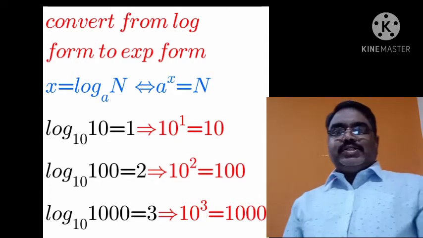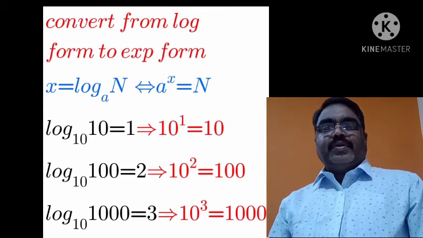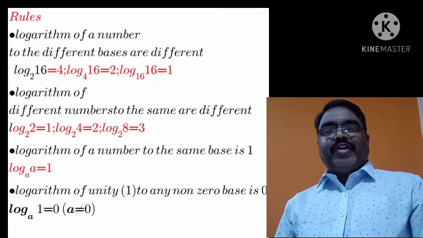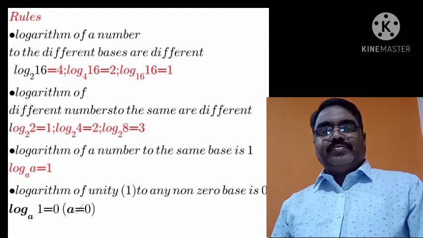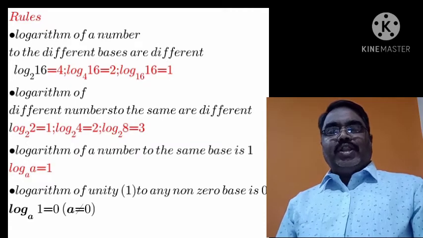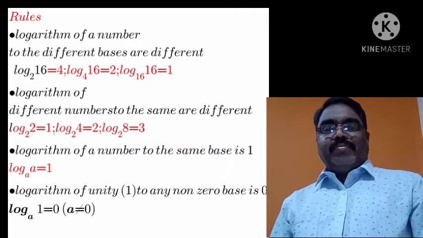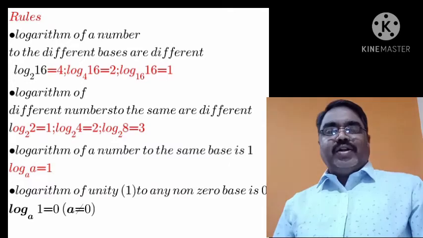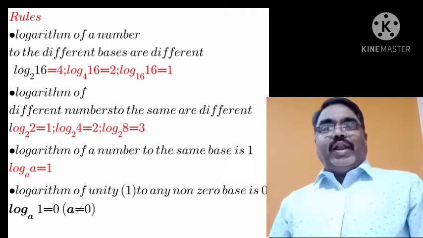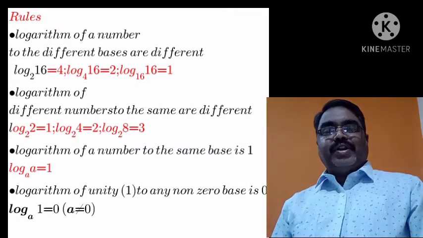Let us discuss some of the observations. Logarithm of a number to different bases is different. Secondly, logarithm of the same number to different bases is different, and logarithm of different numbers to the same base is different.